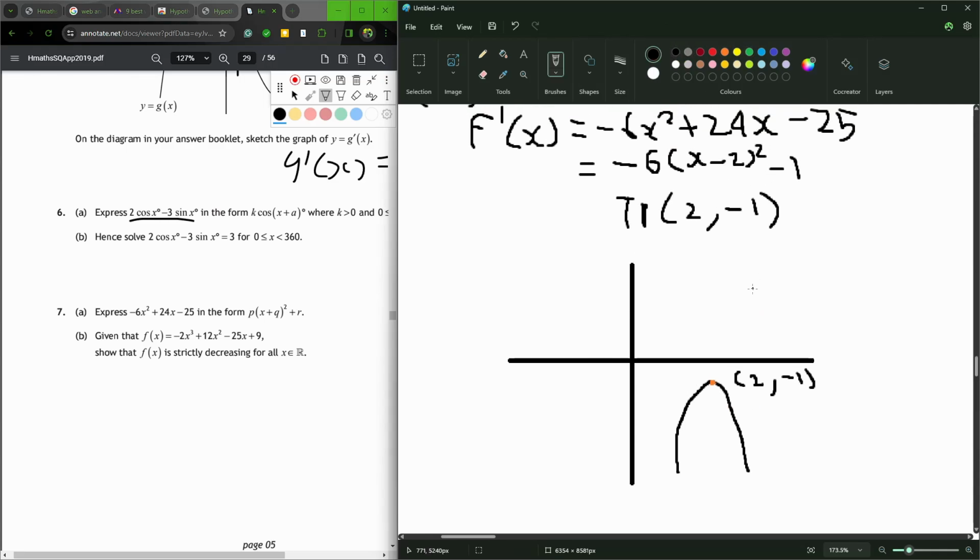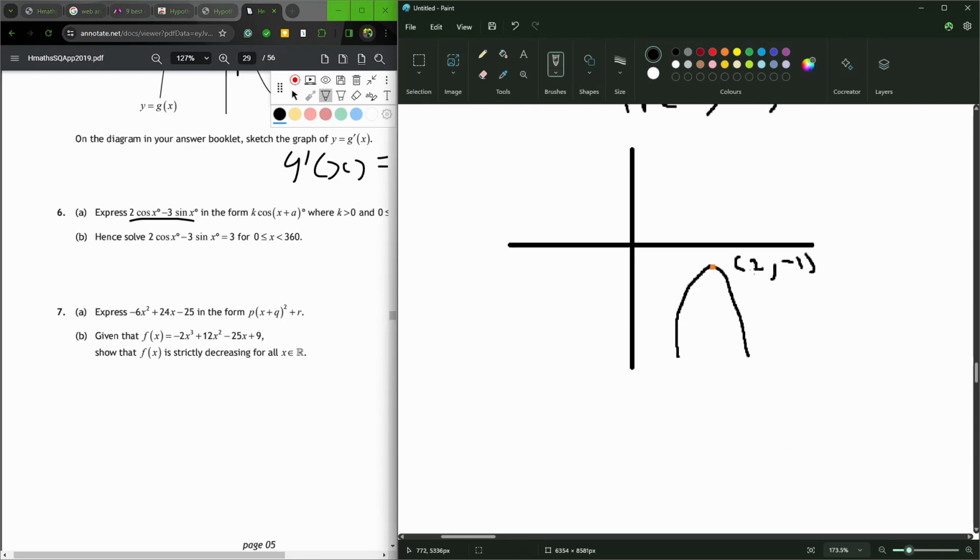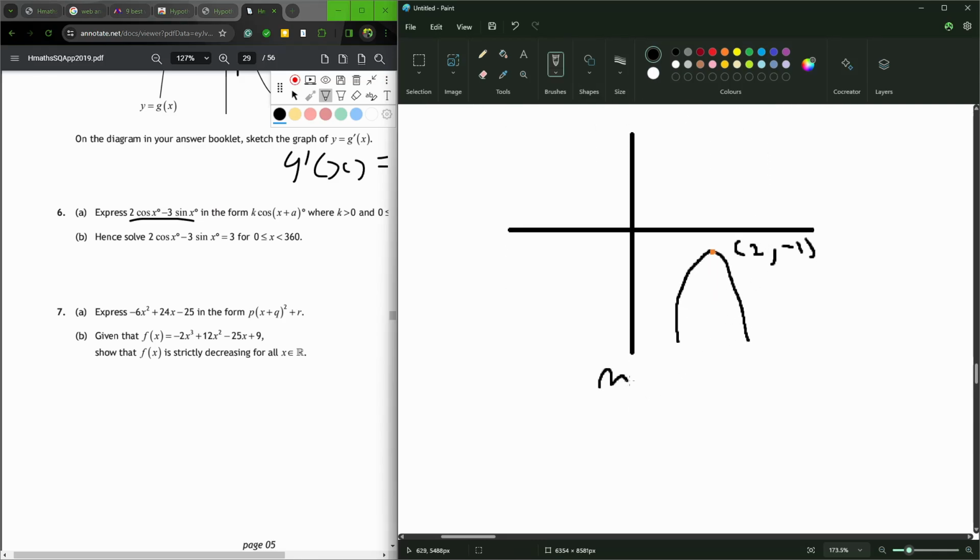So then we can say that the maximum value of the derivative of f is −1.